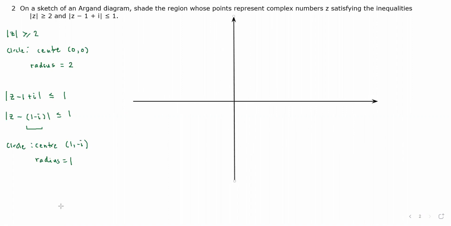So we need to sketch the axes for the Argand diagram first. We have the imaginary axis and the real axis. The first circle has its center at the origin, with a radius of 2. So we draw a circle with a radius of 2, centered at the origin.